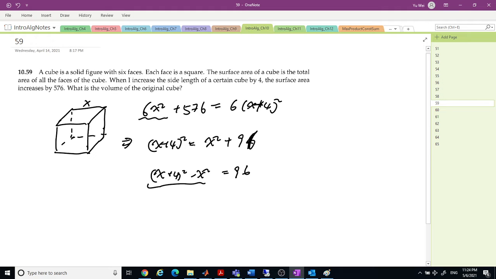You use the difference of squares: 4 times (2x plus 4) is equal to 96. Then you can divide by 8, so x plus 2 is equal to 96 divided by 8.